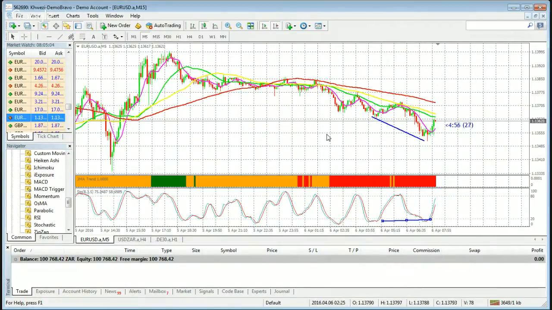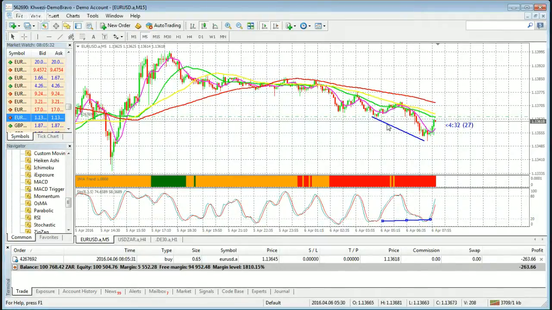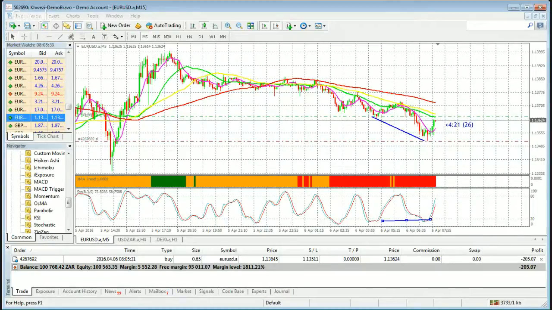I'll explain now what's happening, but most of you should know at this point in time. 7 divided by 10 divided by 1 equals, okay, that is the new order quickly going to be taken. 0.55. Here we go. Okay, stop's in place.